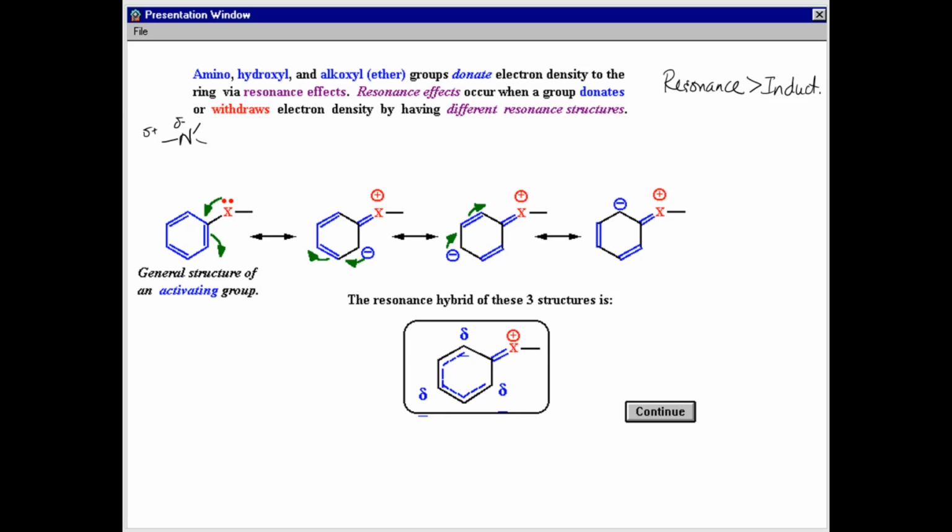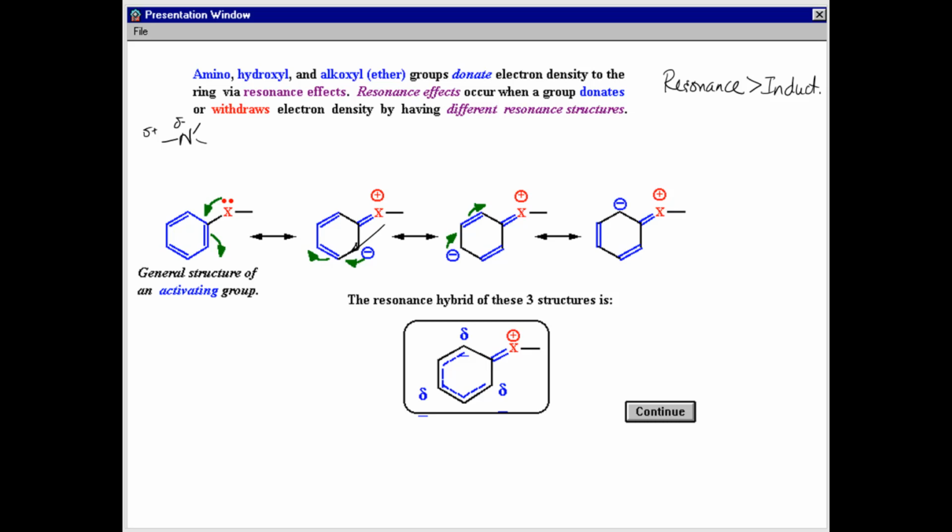Now, you're saying, but none of these resonance structures are really stable. Yeah, I get that. But this is how we explain how a nitrogen or an oxygen group is activating, because of these resonance structures that cause some electron density to be pushed into the ring.